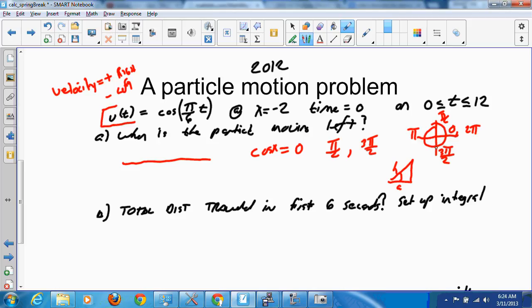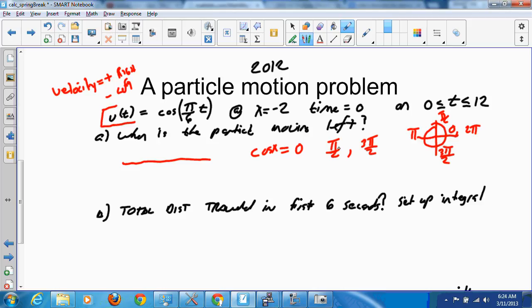At 0, our triangle would be here, and so at 0 the cosine is equal to 1. At pi over 2 it doesn't have an x component, so its cosine is 0, so that's why it's pi over 2.